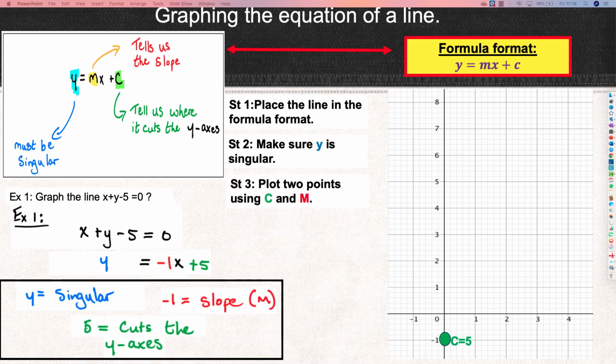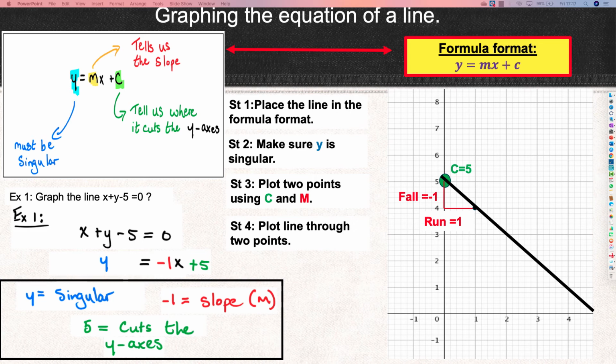So there's 5. What's the slope of minus 1? Is it going up or down? It's going to be going down. It means a fall of 1, so for every 1 you run over, you fall 1. There are your two points, and there you draw your line.